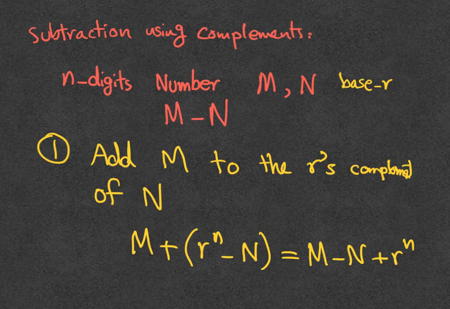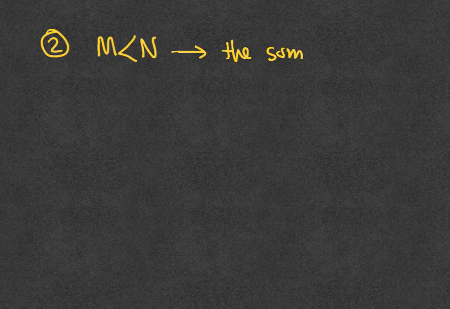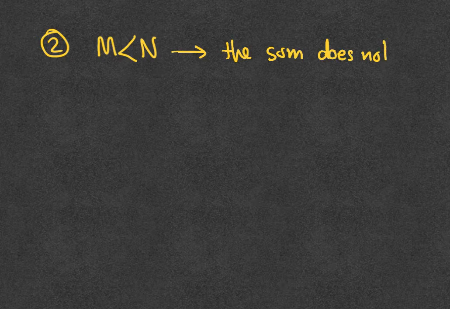Then in step 2, it depends on the numbers. If m is less than n, then the sum of step 1 does not produce an end carry.